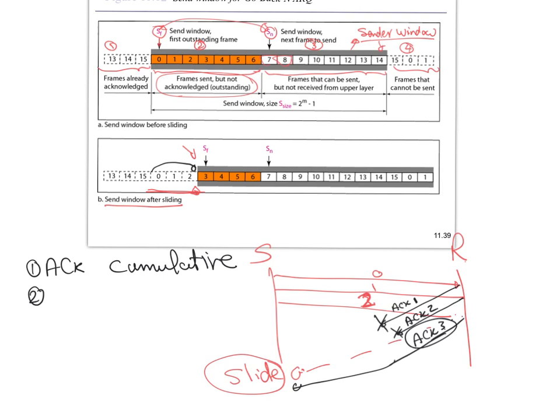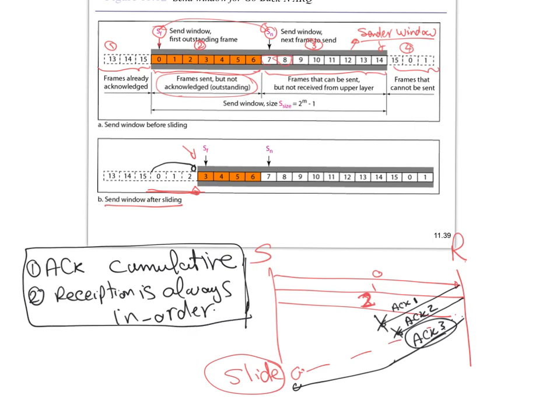The second thing is that reception is always in order. We will talk about a case now where the reception is not necessarily in order, but for Go-Back-N, the reception is always in order. This is very, very important. If you remember those 2 keywords, you will understand a lot about Go-Back-N.